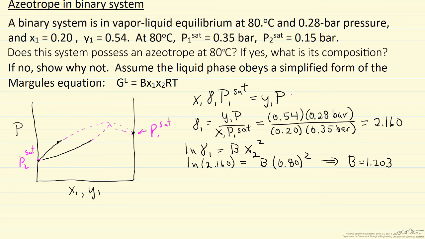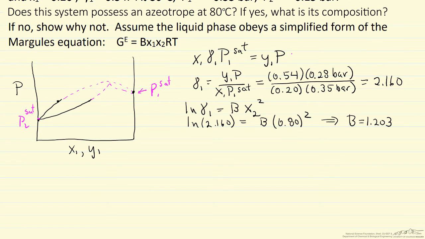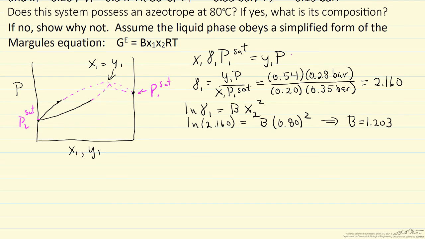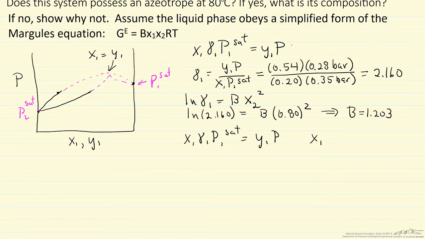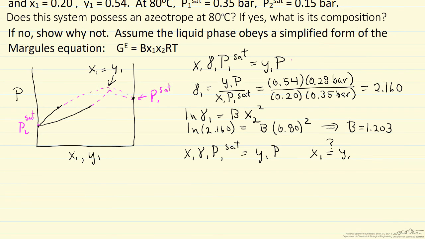So let's now say at some other point, we're interested in whether this point exists. Of course, at an azeotrope, x1 equals y1. So let me write the modified Raoult's law expression again: x1 gamma 1 P1 sat equals y1 P. But now I'm interested in whether we have a point where x1 equals y1.